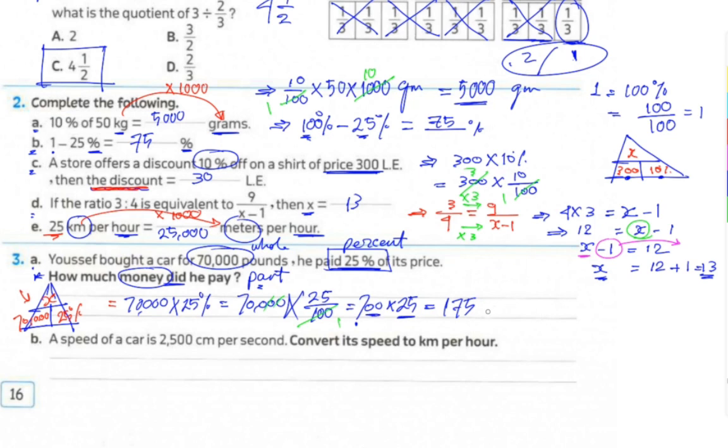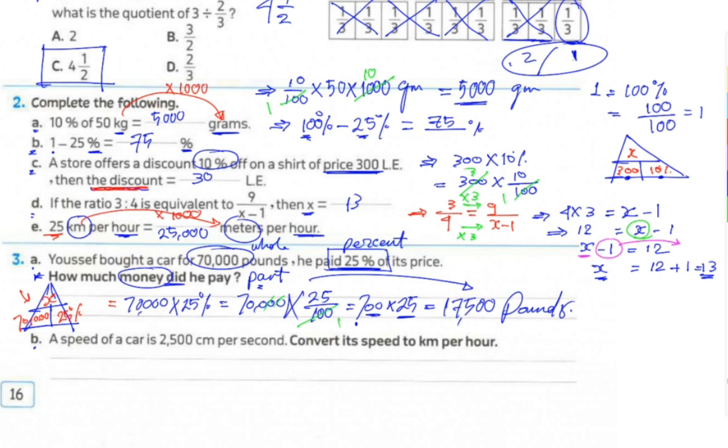And we have 2 zeros here. So the amount of money he paid is 17,500 pounds. Don't forget the unit. So the part is 17,500 pounds.